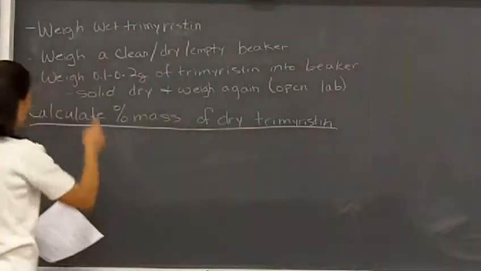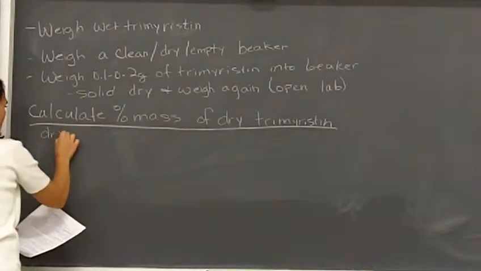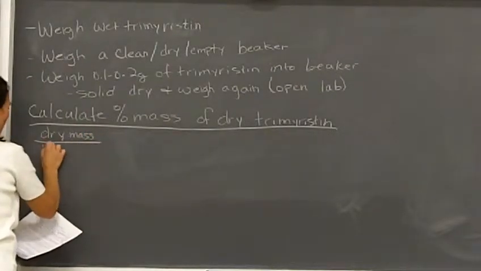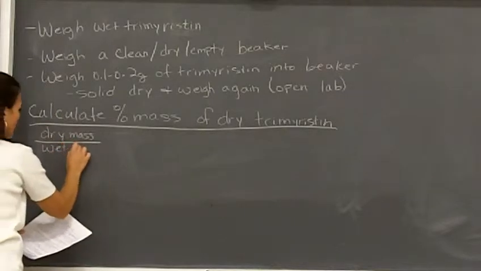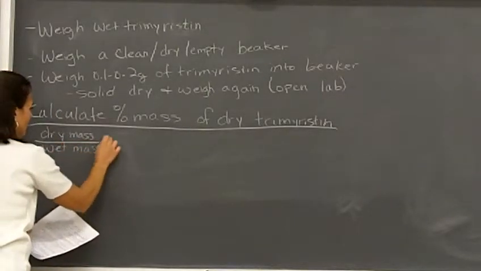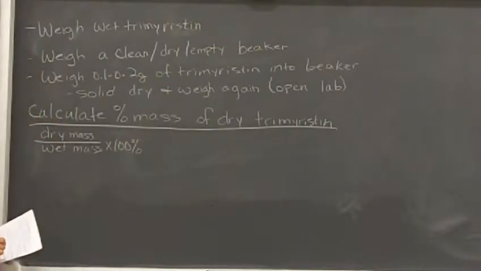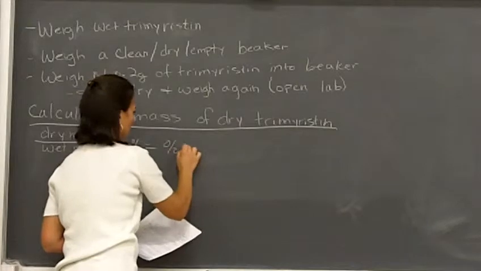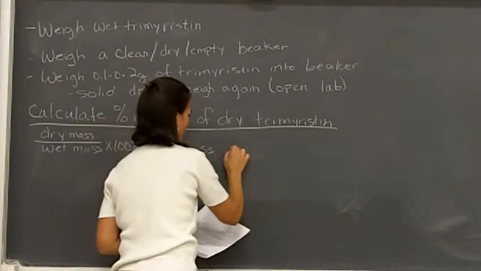So if we take the dry mass of our small sample and divide it by our wet mass, what it was when you first weighed it, and multiply it by 100, then you'll have the percent mass that is dry trimyristin.